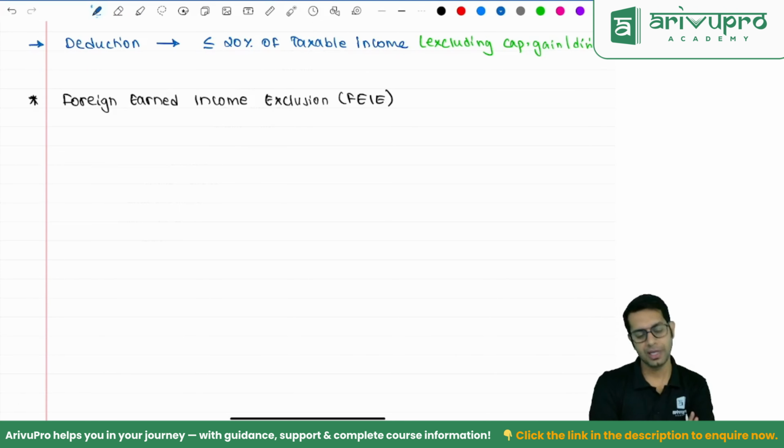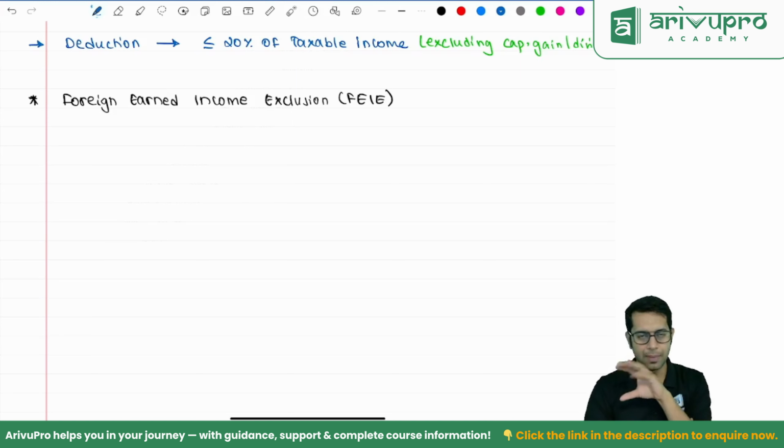Now, if you have any income earned outside the US, it will be called foreign earned income. If you have already paid taxes on it in foreign countries, then that income will be excluded from your taxable income while computing income under US rules.